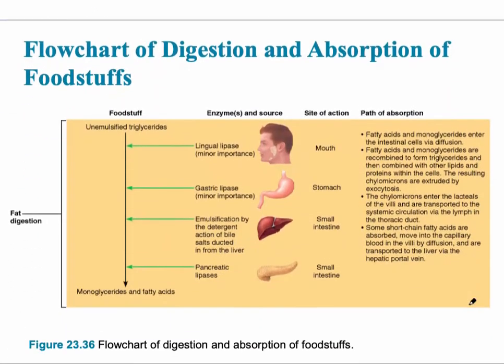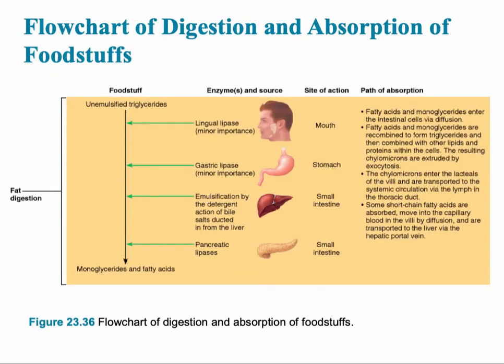So the flowchart of digestion for fats is shown here. There is a lingual lipase, technically, which is a very minor amount in the saliva. So again, the main molecule that's broken down in the saliva is the carbohydrates with the salivary amylase. There then is gastric lipase as well in the stomach.